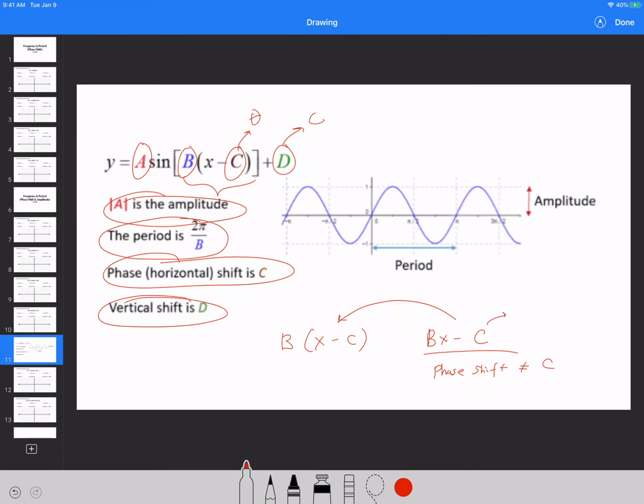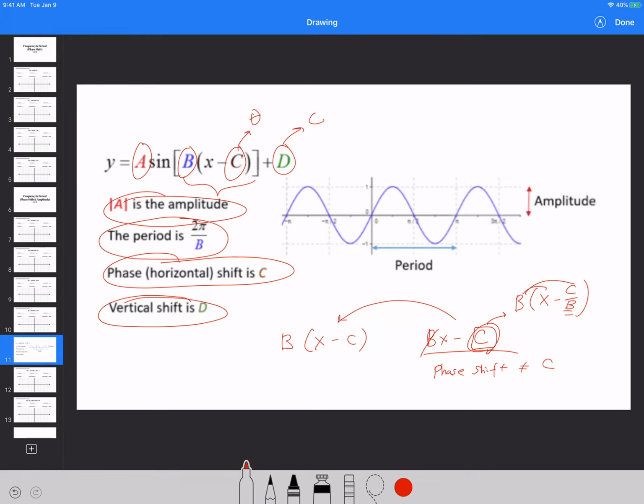So if you were to factor out b from here, and you put x, what goes here in this particular case would be c over b, because once I redistribute them back, I get minus c. That is the only possible way in which we'll be able to get the phase shift. The parentheses has to be by itself.